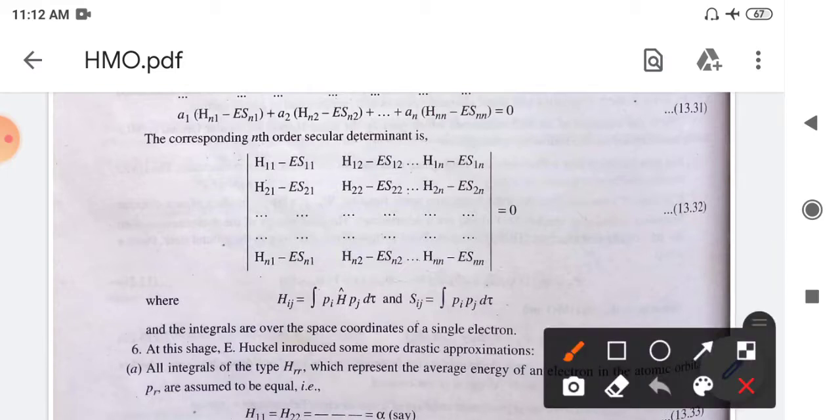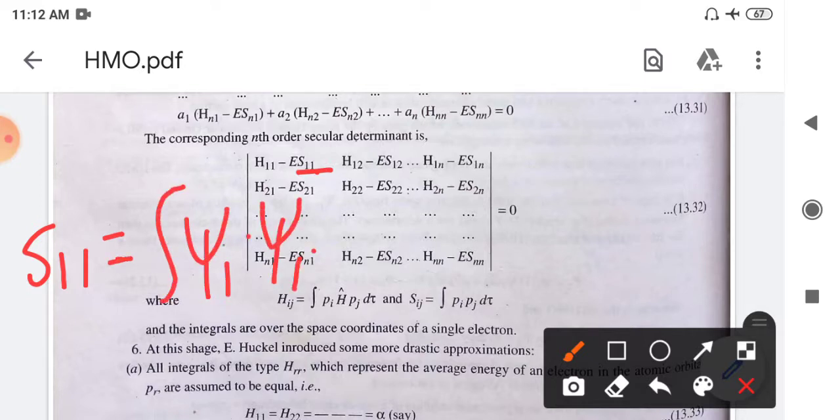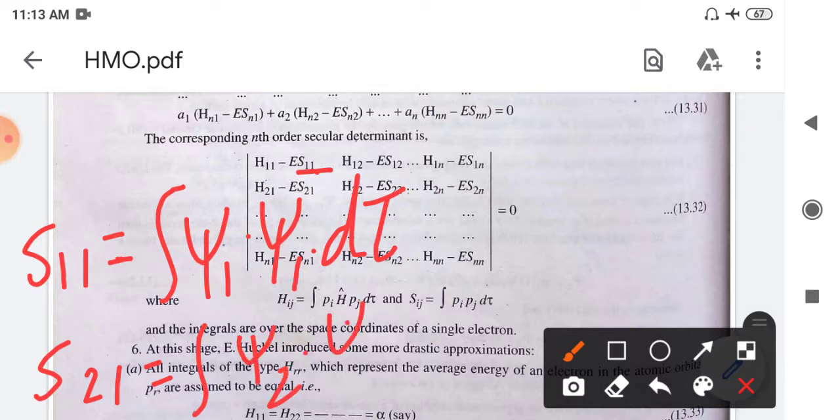Then there is another term called s11, which is the overlap integral, having the value of the integration of psi 1 into psi 1 d tau. Similarly, for s21 it will be psi 2 into psi 1 d tau. So this is the meaning of all these terms.